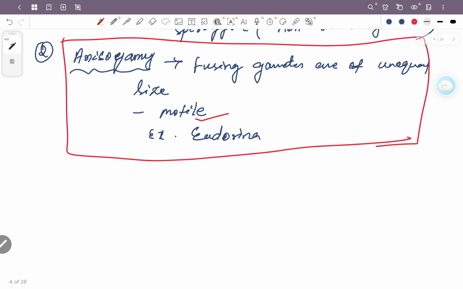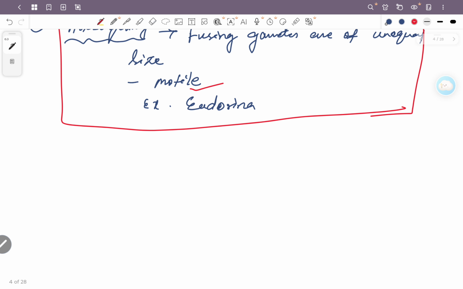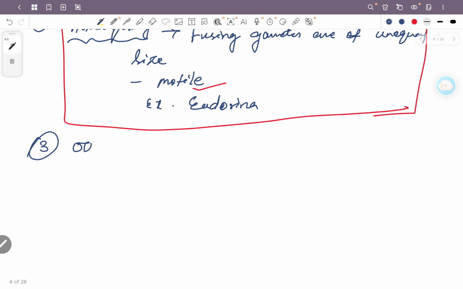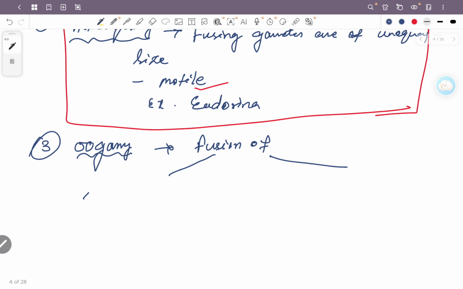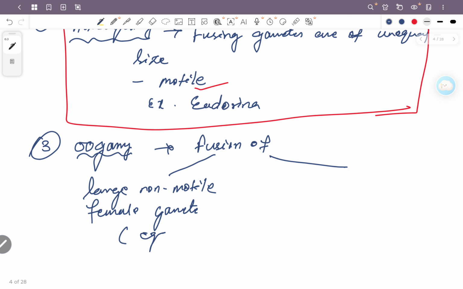Okay. Now the third type is oogamy. So what is oogamy? It is the fusion of two things. One is a large non-motile female gamete, which is called the egg.